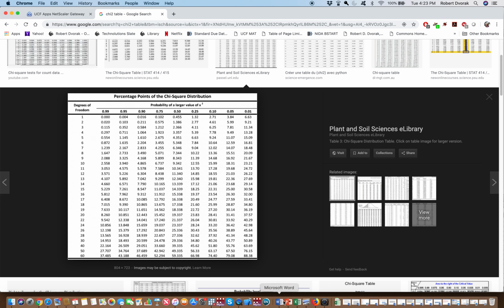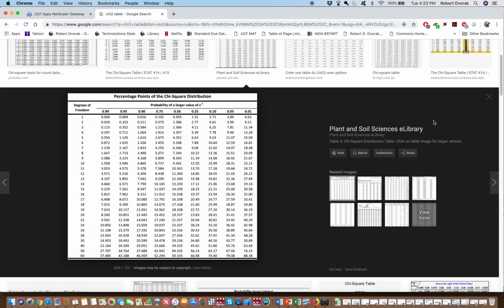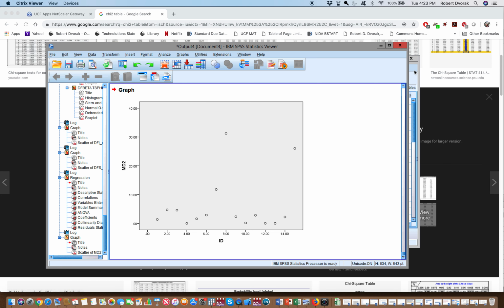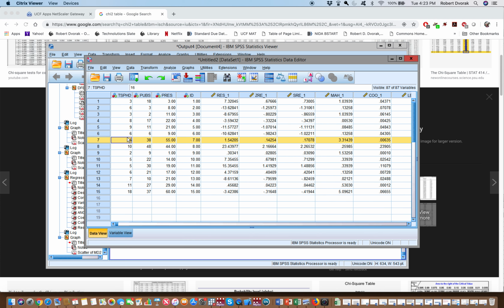So if we flip back to our data, this value might be close. What did we say it was? 11.34. Let's see what we have here. Oh, we have an 11.79. So this one right here might be a problematic outcome.